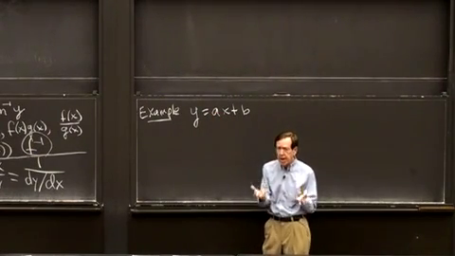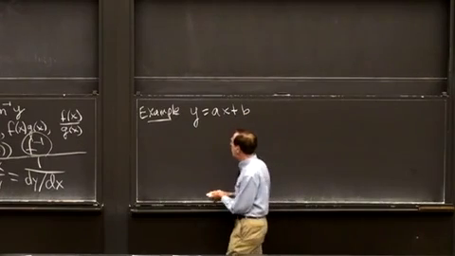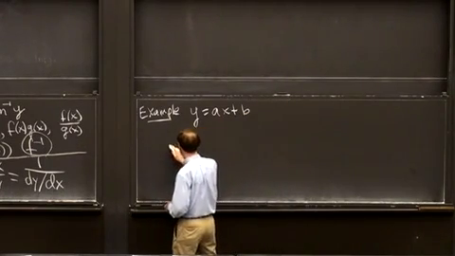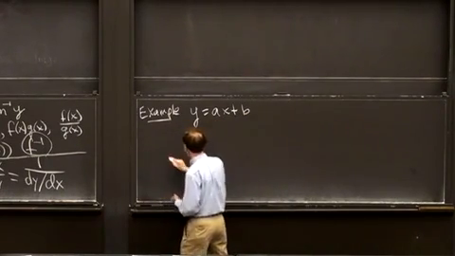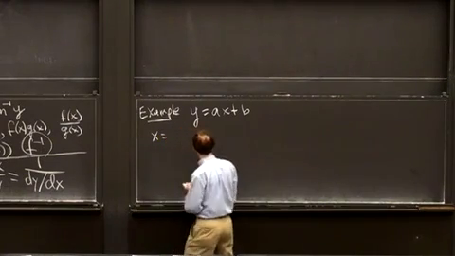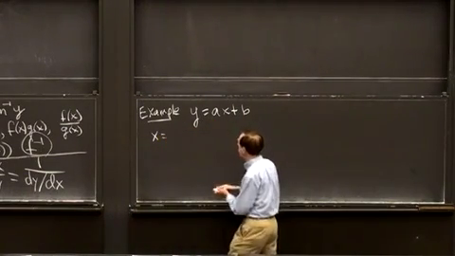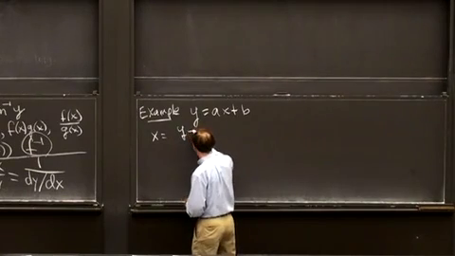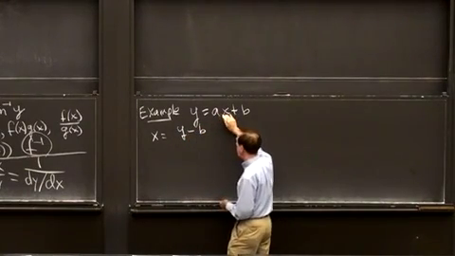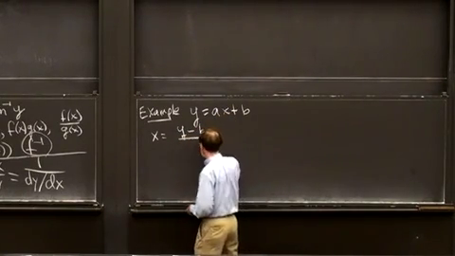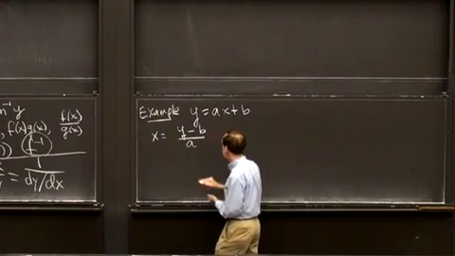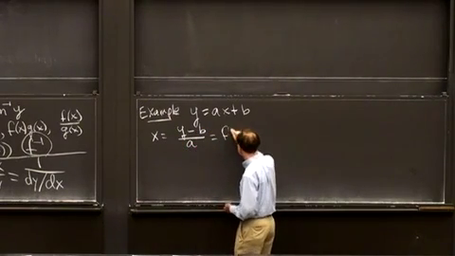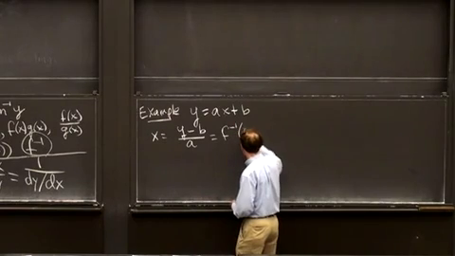I want to get x by itself. So I move b to the opposite side, and then I still have ax, so I divide by a. Then I've got x by itself. This is the inverse, this is f inverse of y.